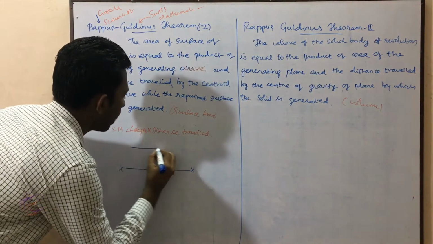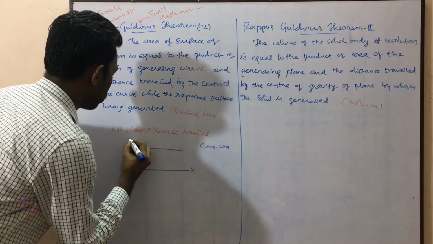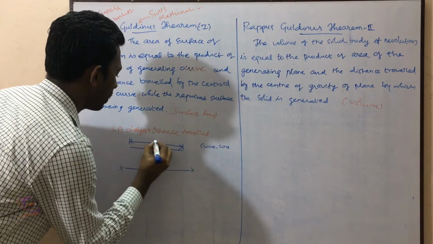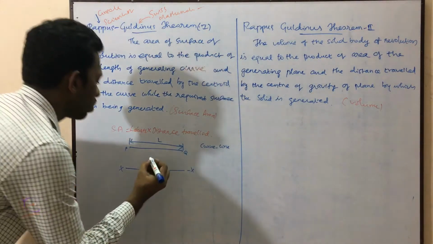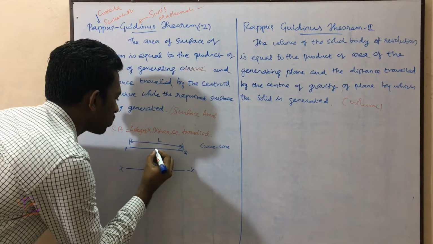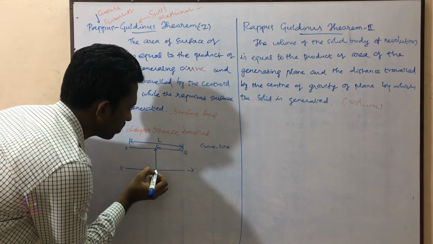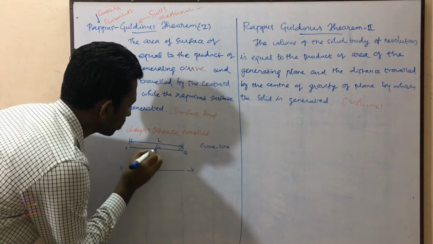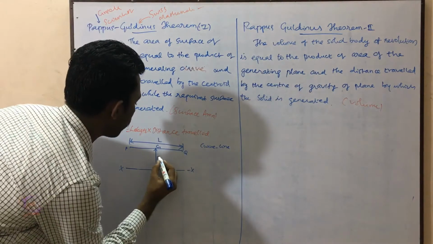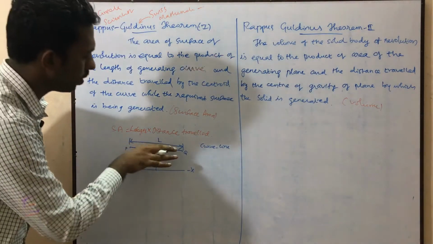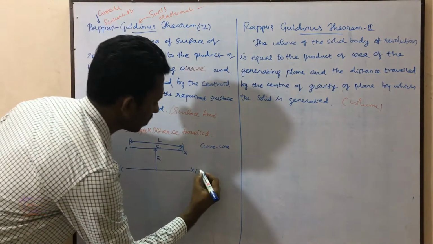I am taking a line, and the length of the line PQ is taken as L. The distance from the axis to the centroid point is taken as R. Now it is revolving around this axis XX.